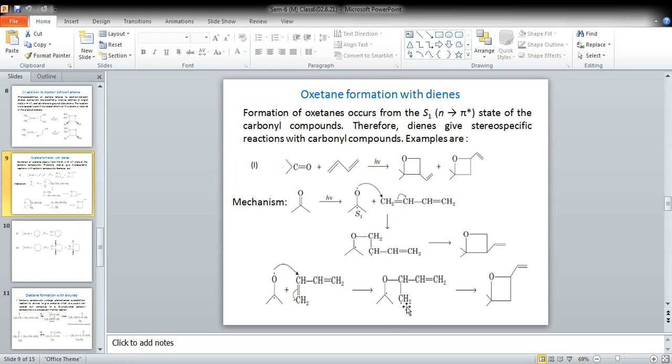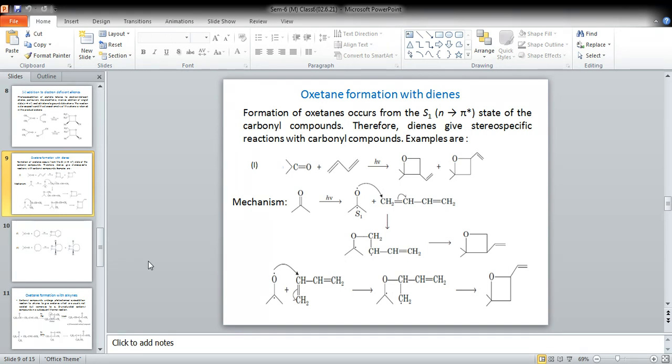In the bottom one, this CH2 dot free radical is not stabilized and is primary in nature. That's why the product formation will not be much favorable. However, both products are formed, but one will be the major product and the other the minor product. So if you are asked to predict, you have to explain on the basis of the stabilized free radical intermediate.